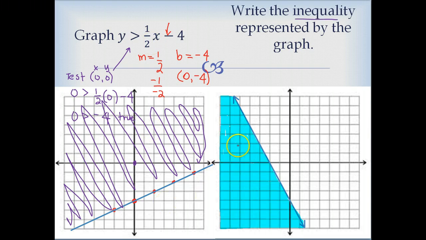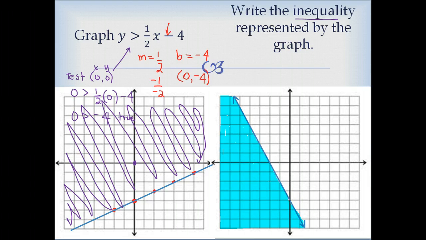Okay? So over here, we're asked to write the inequality represented by the graph. Well, the first thing you want to do is write the equation of your boundary line. The easiest way to do that for this particular line is to identify the y-intercept and the slope.